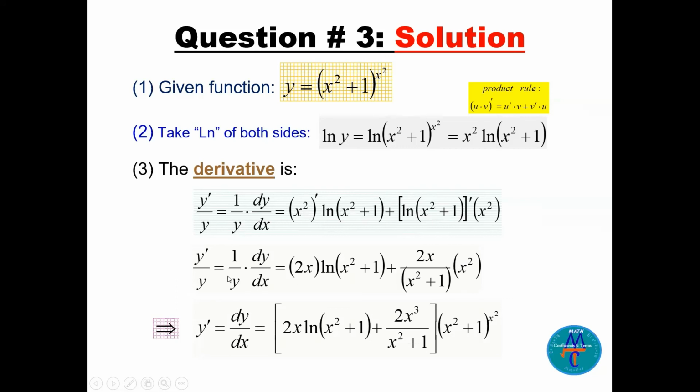So what do we get here? Multiply by y. So we get all this in the bracket here, 2x ln of x squared plus 1 plus 2x cubed over x squared plus 1, all times the y value. The y value is x squared plus 1 all to the power x squared. That's y prime.